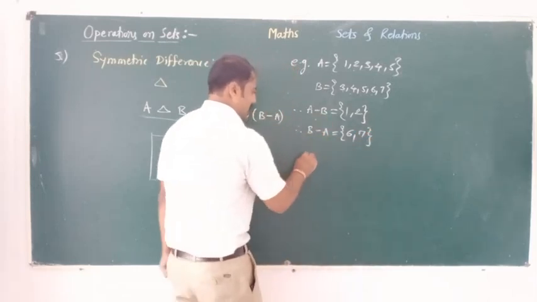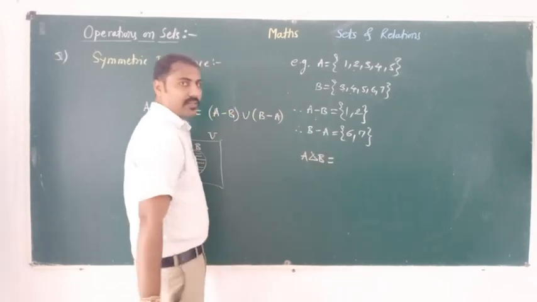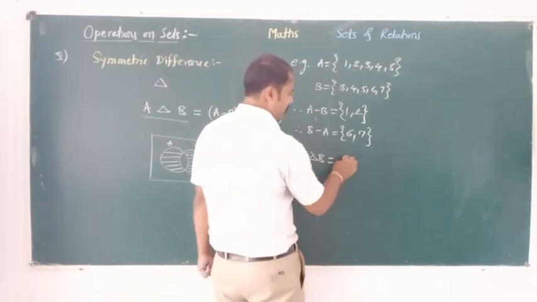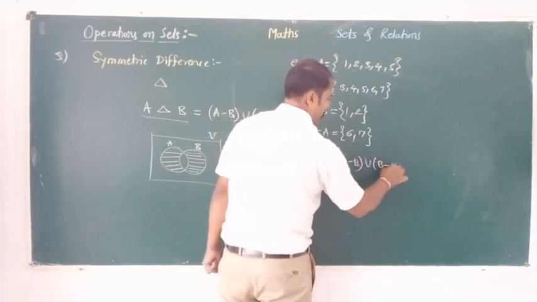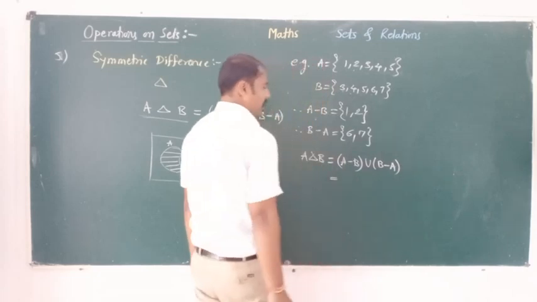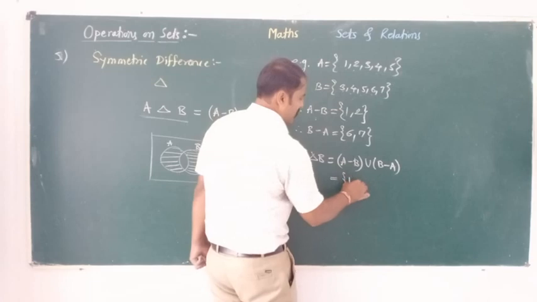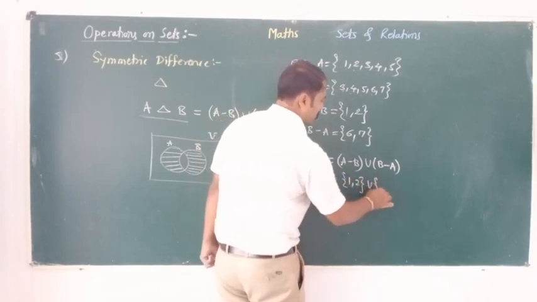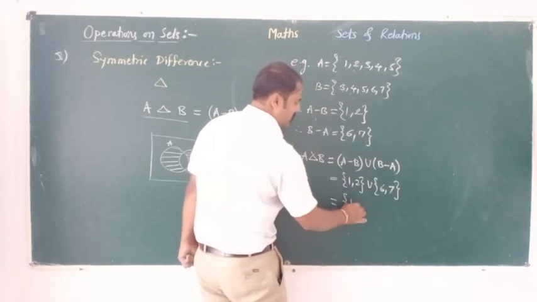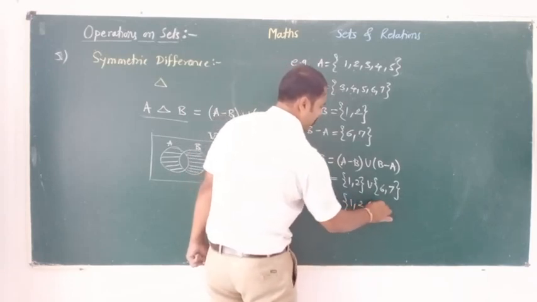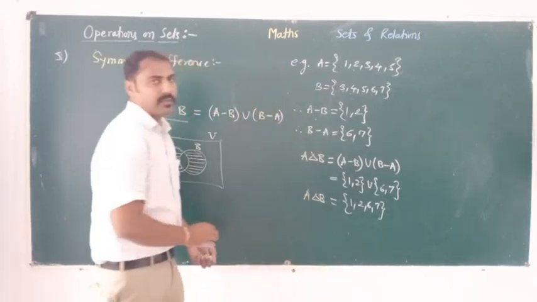Now the symmetric difference between two sets: A delta B is equal to A minus B union B minus A. A delta B is defined as here A minus B is 1, 2, union 6, 7, which is equal to 1, 2, 6, 7. This is our symmetric difference A delta B.